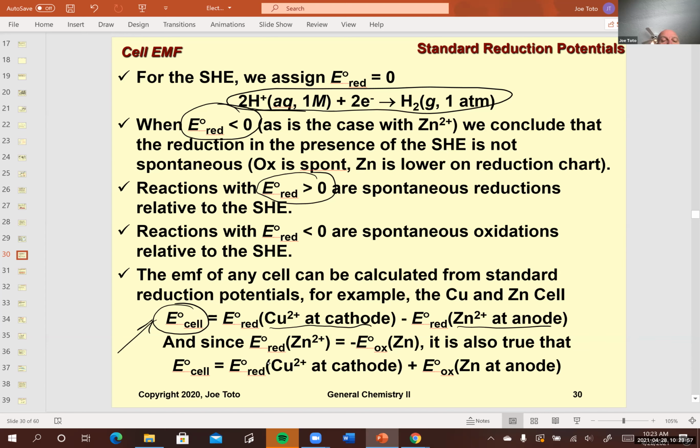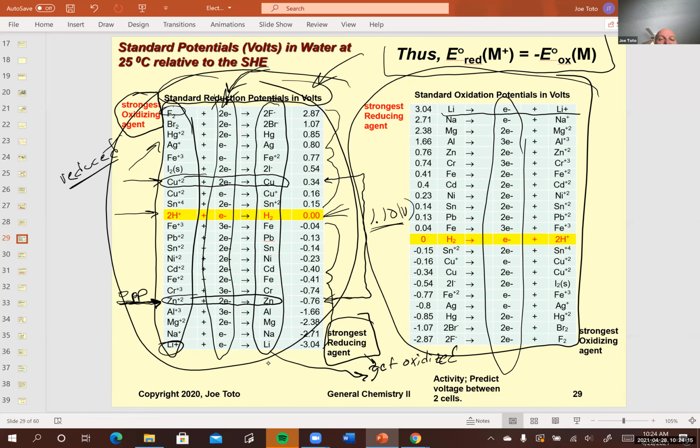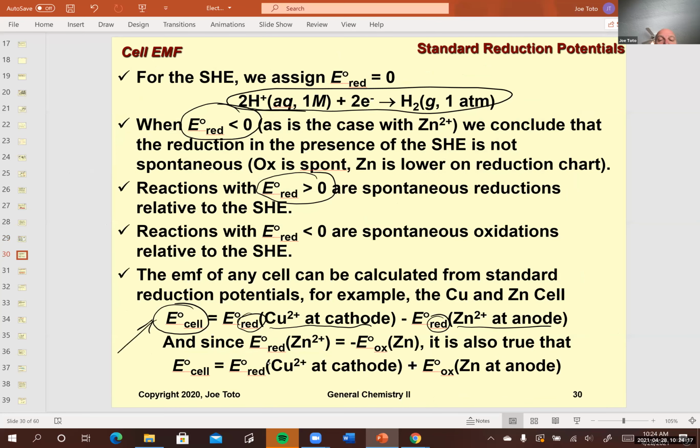We can go and use just reduction potentials from the left-hand side of those rankings, right? The reduction chart, the guy here on the left. We can use just those because that's what you're going to get in your textbook and online most likely.